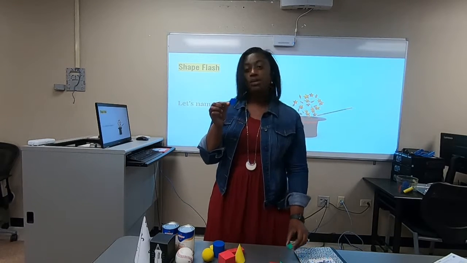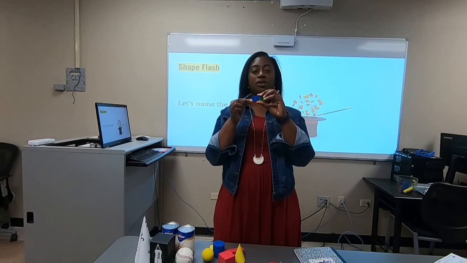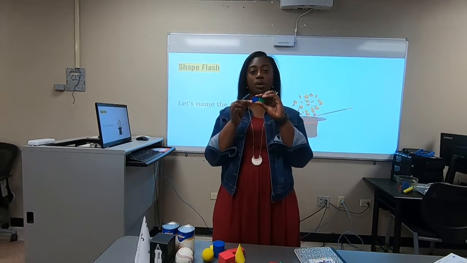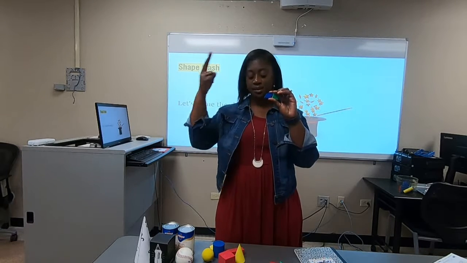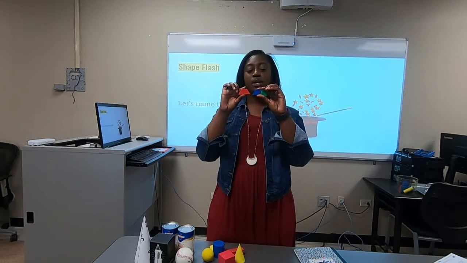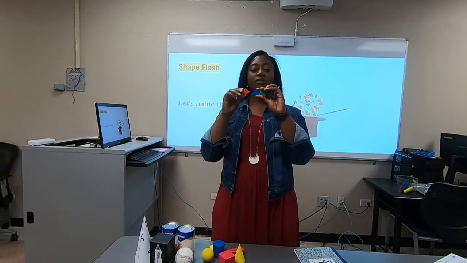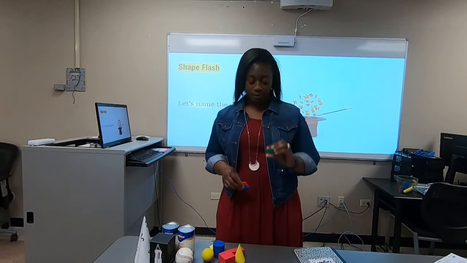Very good. The square has 4 sides and 4 corners. And what other shape has 4 sides and 4 corners? Kiss your brain. The trapezoid. Good job. All of these shapes have 4 sides and 4 corners. However, the square is the only one that has right angles.